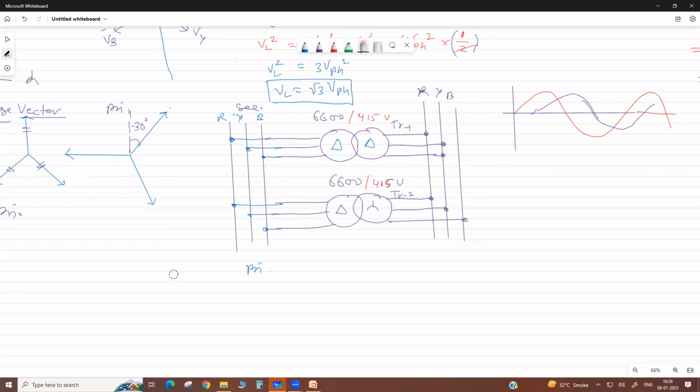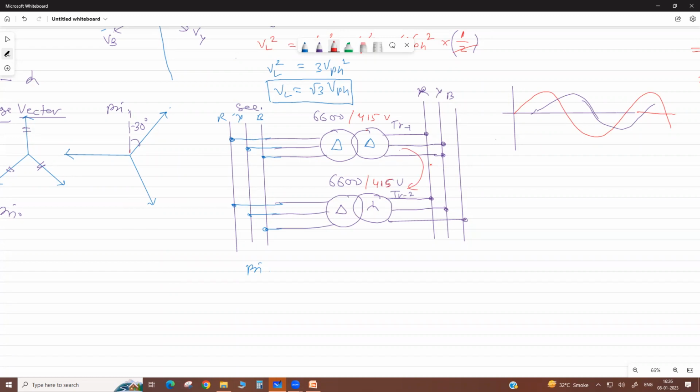If there is a phase difference, what happens? A circulatory current starts to flow. Suppose this voltage is leading and this is lagging. So there is an internal circulatory current from this transformer to this.